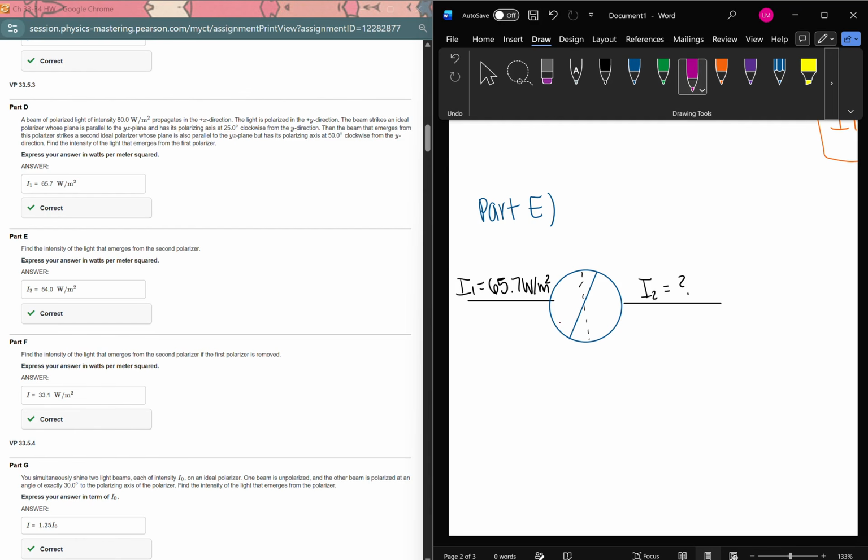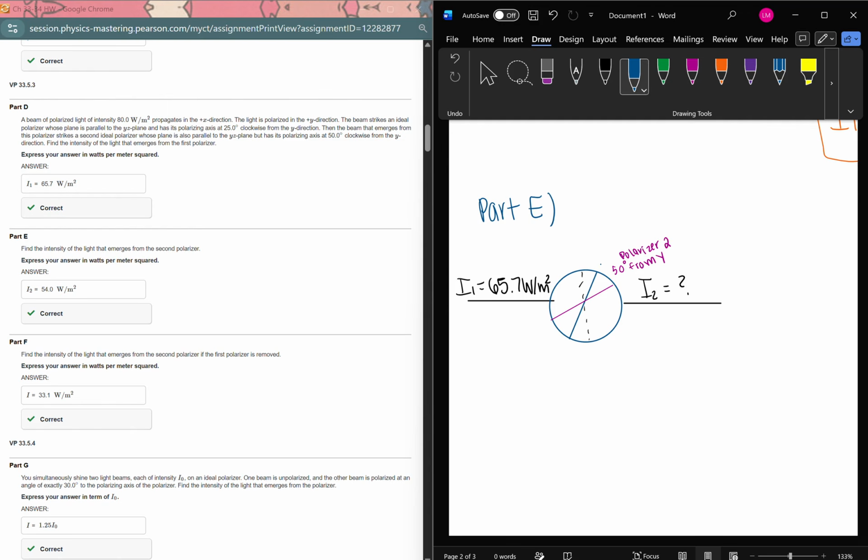So it's going to be, I would say, here. Maybe a little here. Polarizer 2 axis is 50 degrees from y. This is polarizer 2.